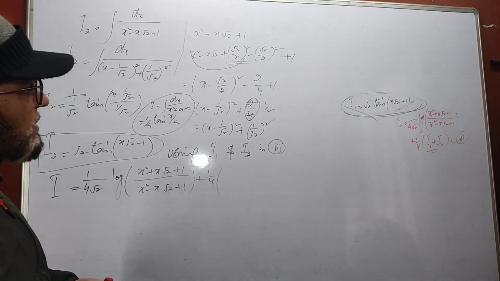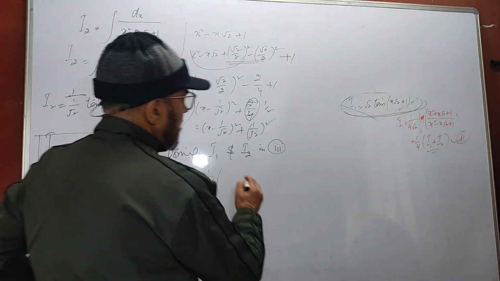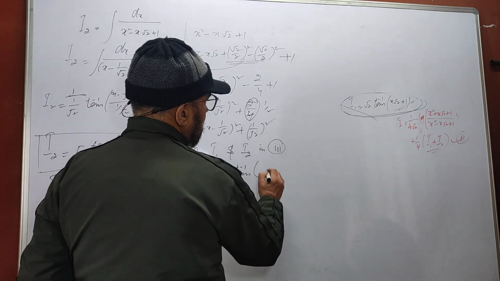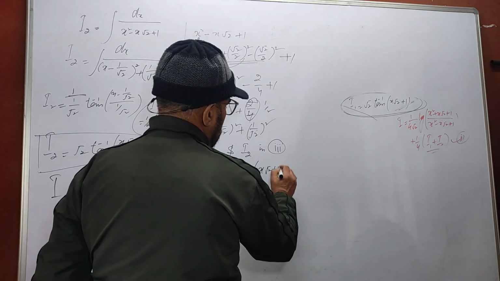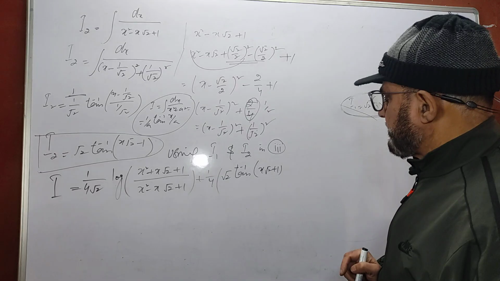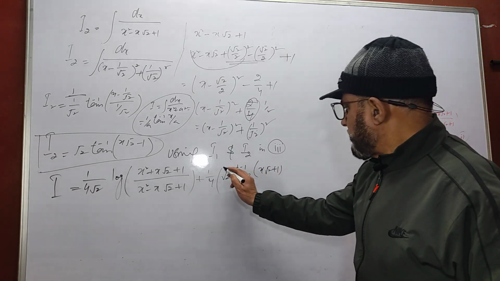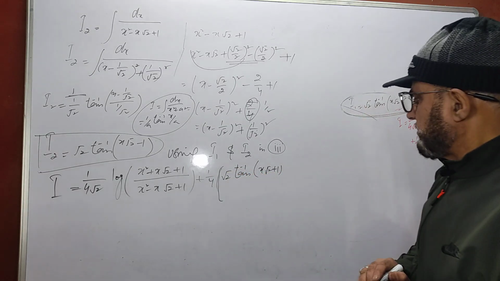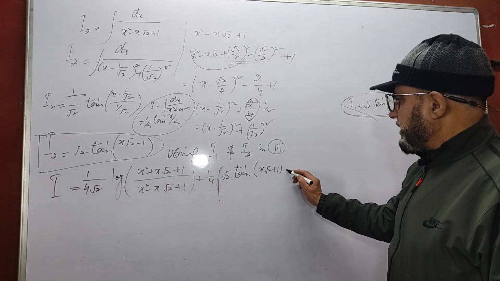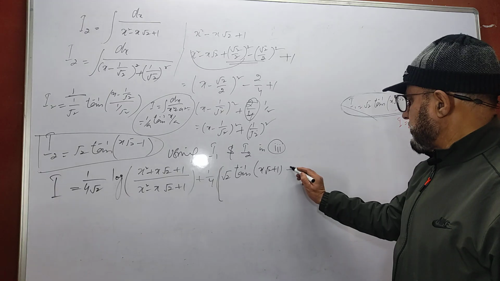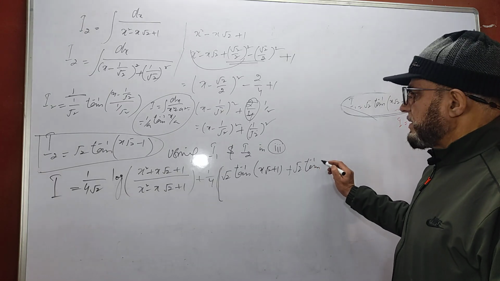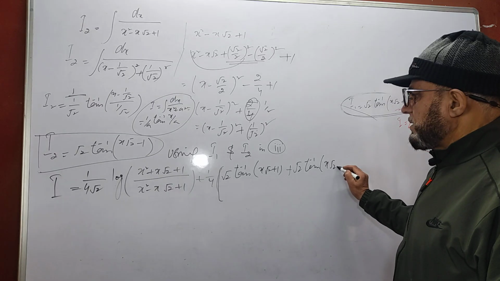The value of I1 is there. There it is I1. Root 2 tan inverse x root 2 plus 1. This is value of I1. 1 by 4 is thrown out. Then I2, use I2. But again plus root 2. Is it plus? Yes. Plus root 2 tan inverse x root 2 minus 1.